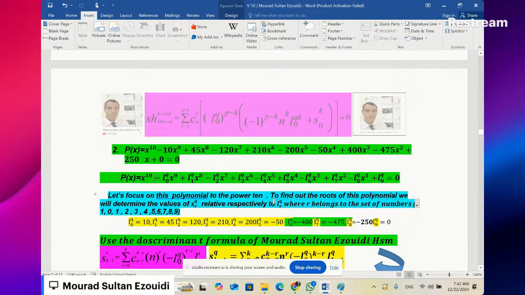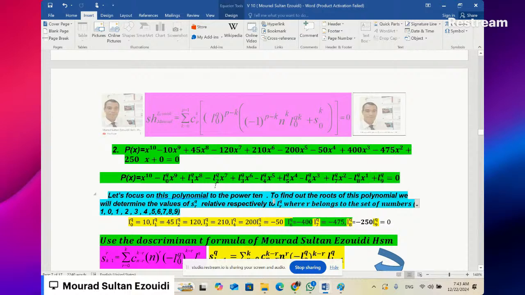Therefore, my standard form of writing this polynomial is p of x equals x to the power 10 minus L0 of ODQ x to the power 9 plus L1 of ODQ x to the power 8 minus L2 of ODQ x to the power 7 plus L3 of ODQ x to the power 6 minus L4 of ODQ x to the power 5 plus L4 of ODQ x to the power 4 minus L6 of ODQ x cubed plus L7 of ODQ x squared minus L8 of ODQ x plus L9 of ODQ equals 0.